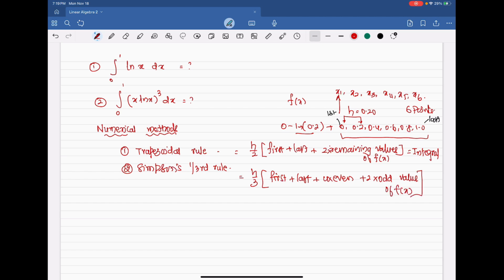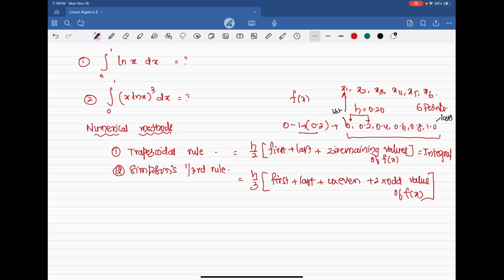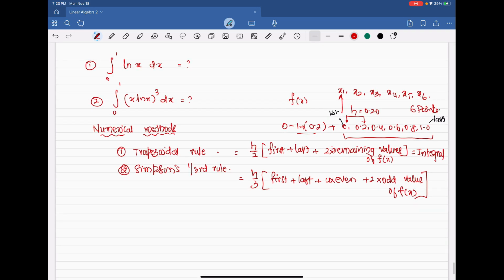What is the even one? It is x2 here, x4 here and x6 is the last one, we should not take it. First and last plus 4 into even, there are 2 evens, and 2 into odd, that is x3 and x5. x1 and x6 are already taken care of in the first plus last. This is Simpson's 1/3 rule.